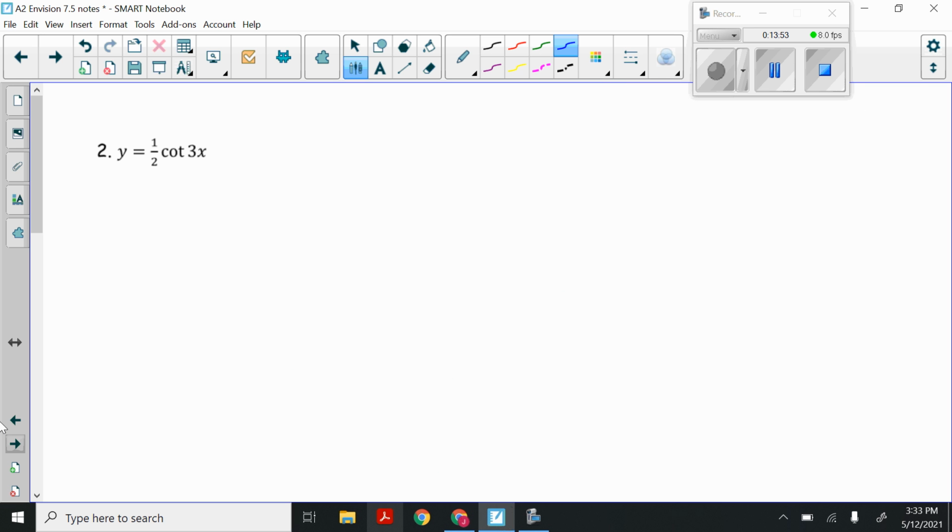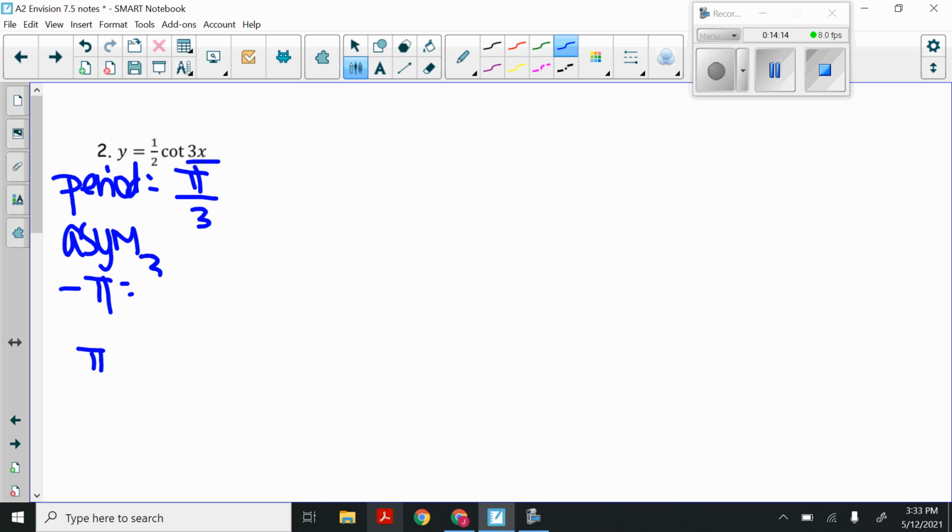Now we're going to graph y equals 1/2 cotangent of 3x. Again, we want to first find out what the new period is going to be. So it's pi divided by my b, which is 3. So then I need to find my new asymptotes. My original asymptotes of cotangent were at negative pi and pi. So negative pi equals, set it equal to this, 3x.